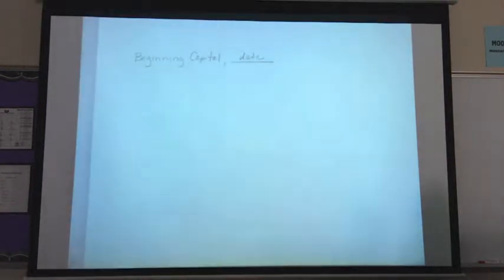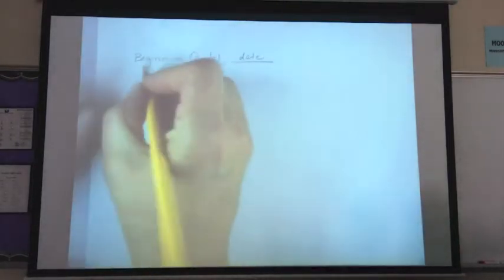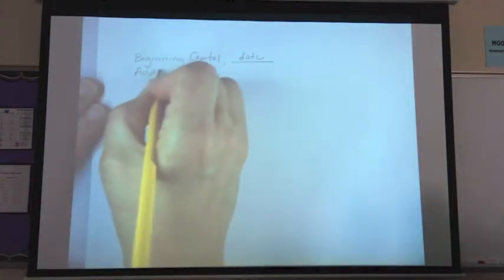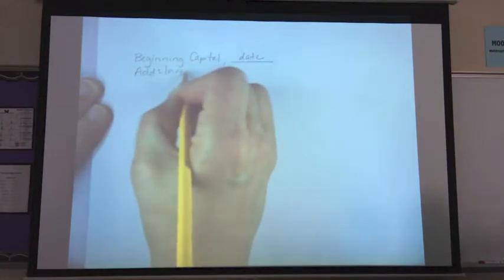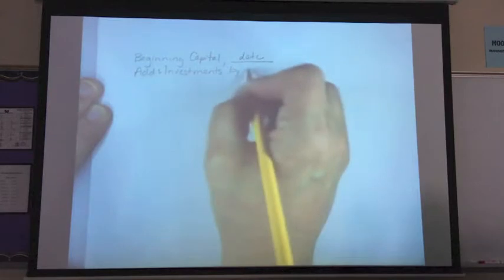The second line is add investments by owner. Do we have that? Yep, we do. So we're going to write add investments by owner.